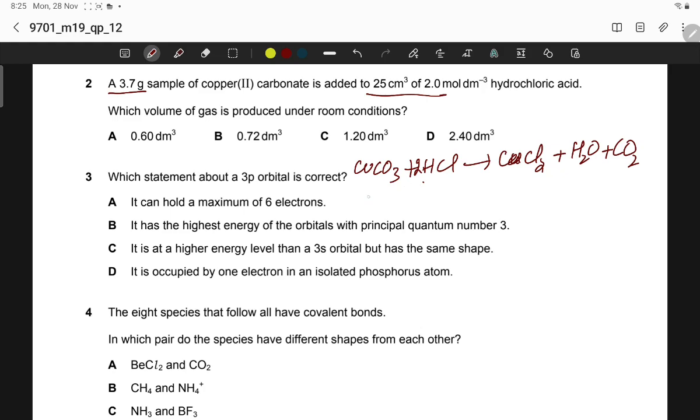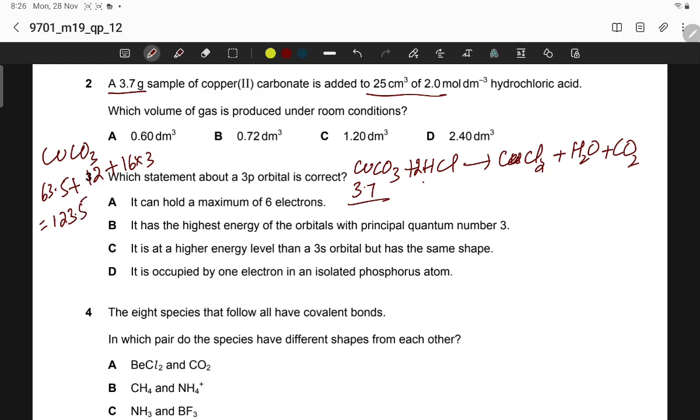So if both quantities of reactants are given, then first find out the moles of copper 2 carbonate: mass divided by Mr of copper 2 carbonate. We know the Mr of copper carbonate is copper 63.5 plus carbon 12 plus oxygen 16 into 3, so this is 63.5 plus 12 plus 48, this is 123.5.